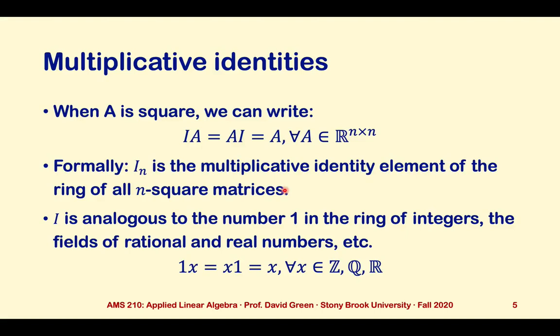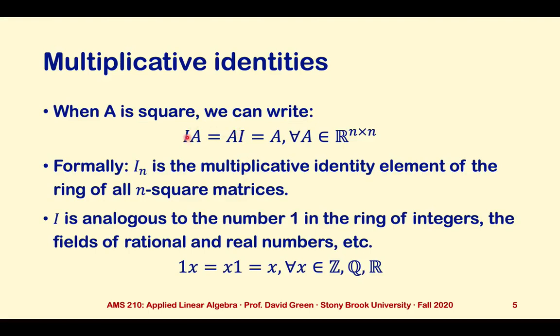We're not getting into algebraic theory here, but a ring is a sort of collection of mathematical objects that has an operation like addition and an operation like multiplication, and the I here is the element of that set that when we apply multiplication, it doesn't change it.